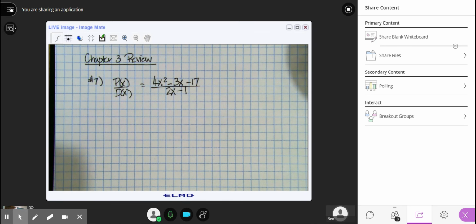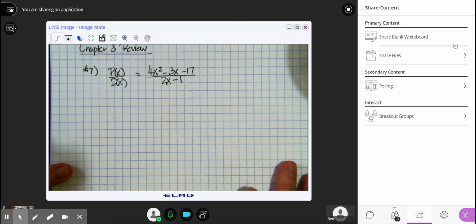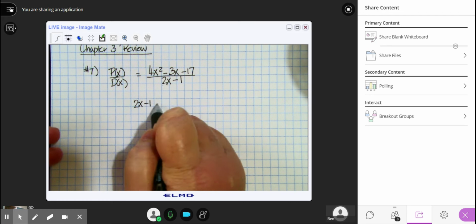Yep, because if we're going to use synthetic, then this should be a 1x here. And because it's a 2x, I could do it, but then I'm dealing with synthetic division using 1/2, which some people like, some people don't. If this is not a perfect x minus c, I just always go for long division. And since that's what you asked to see, I'm going to go for long division.